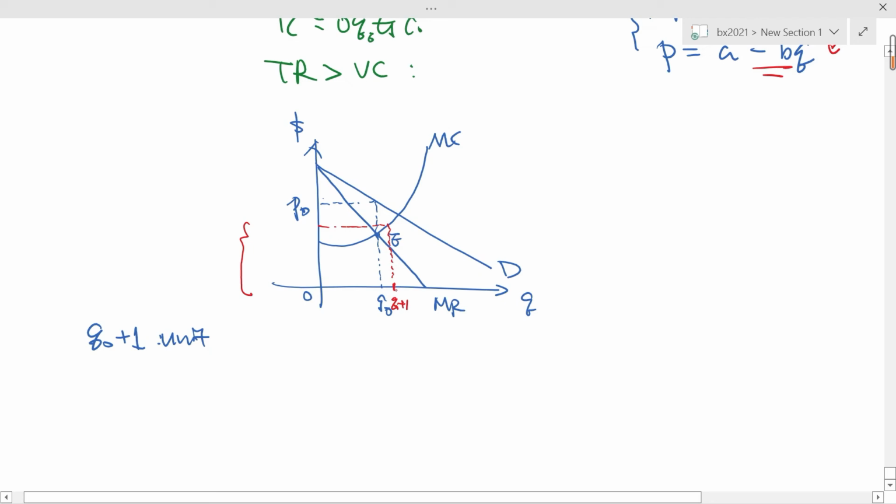The extra revenue: go from quantity up to the marginal revenue curve, which gives the marginal revenue. So now we can see that for this QO plus 1 unit, the marginal cost to the firm is higher than the marginal revenue to the firm. The monopoly firm will not produce this unit.